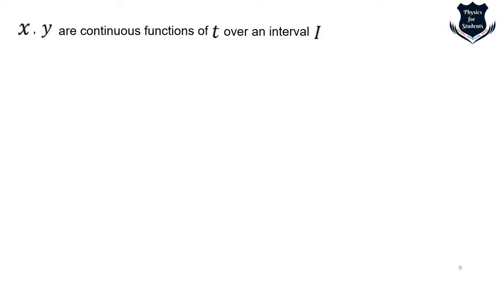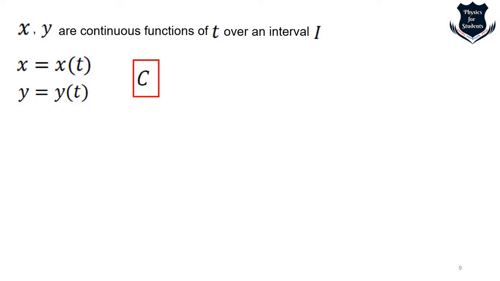Now over an interval, obviously I, the set of points (x, y) obtained as t varies over the interval I is called the graph of the parametric equations. So we say, for example, if x and y are continuous functions of t over an interval I, then the equations become x equals x(t), y equals y(t), and these are called parametric equations, and t is definitely called the parameter.